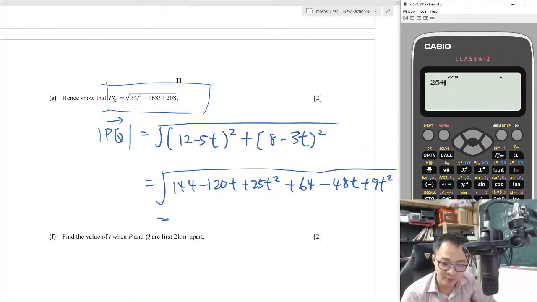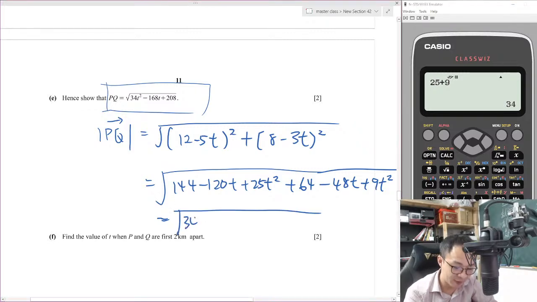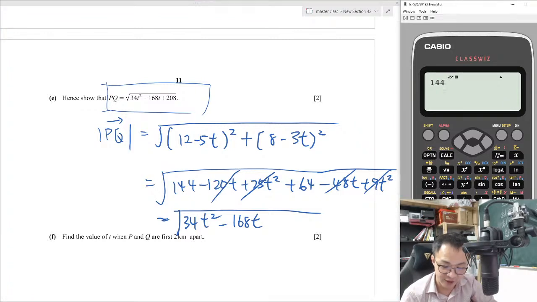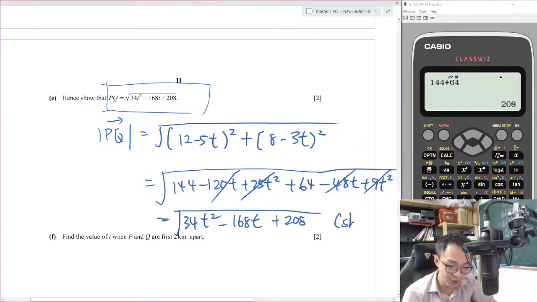Alright, 25 plus 9 is 34, so I have 34t squared. Then minus 168t, and 144 plus 64 is 208. Okay, nice. They asked us to show, so I will say shown.